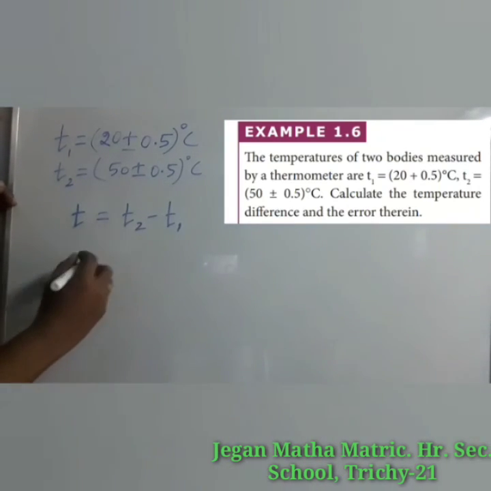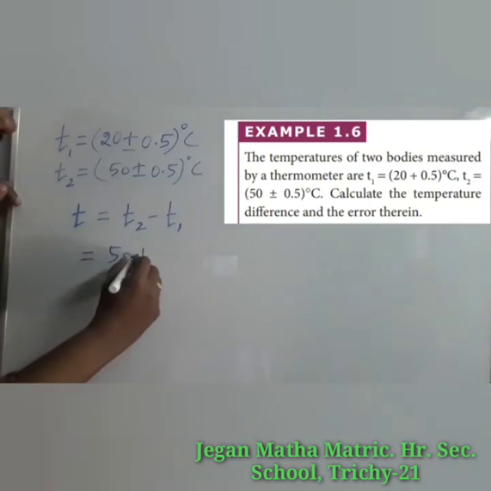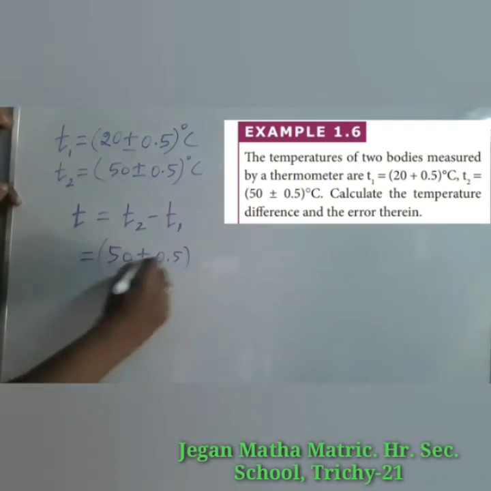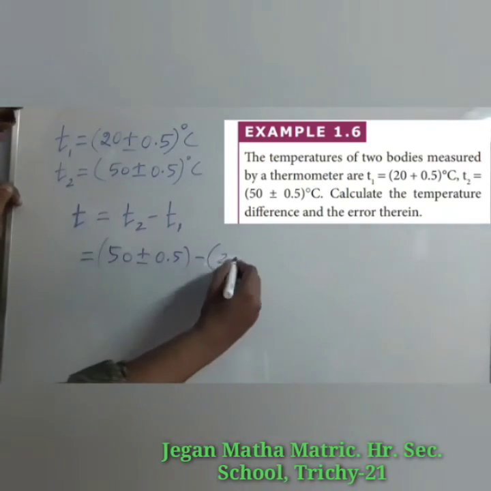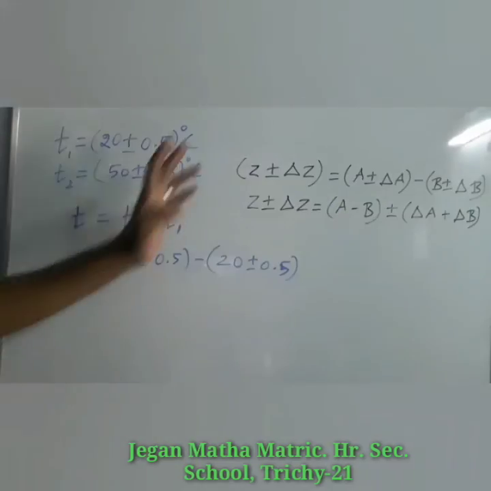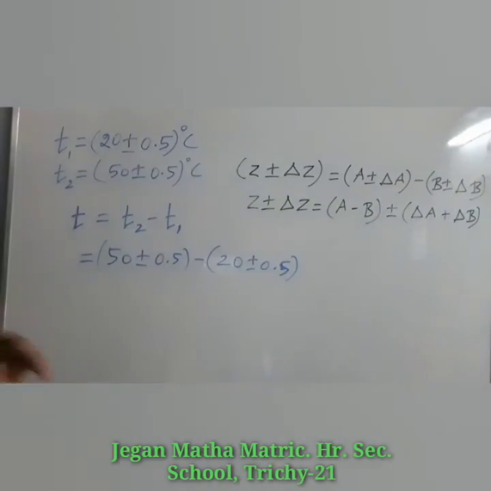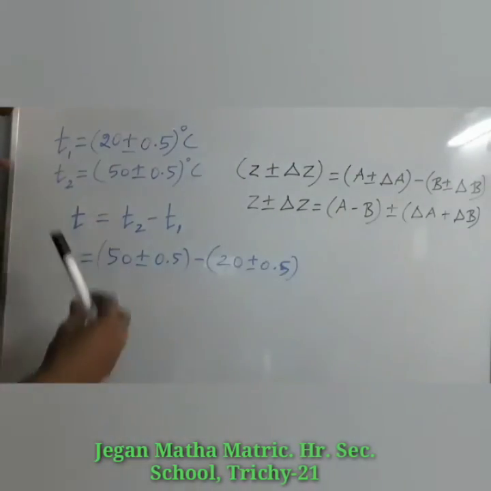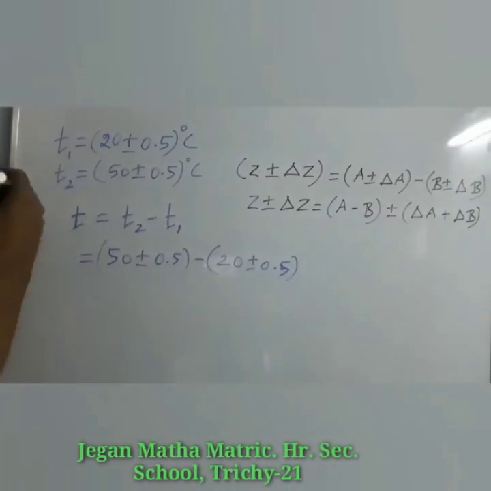So here what is the value of T2? 50 plus or minus 0.5 minus, what is the value of T1? 20 plus or minus 0.5. It can be compared with this expression. So instead of A, we have used 50. Instead of B, we have used 20.